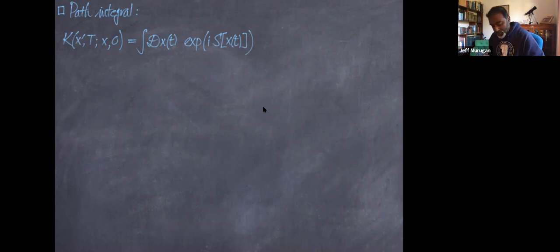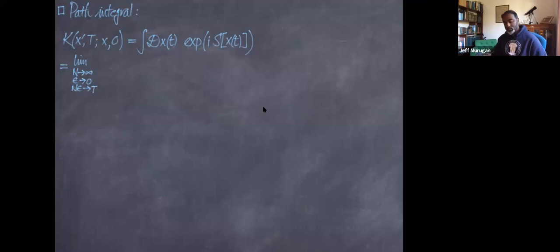And I said the last time, and it's worth repeating, that this thing here is really just a shorthand for the following limit. The limit is that n goes to infinity, epsilon goes to 0, in such a way that n times epsilon is fixed to be the interval from 0 to t.